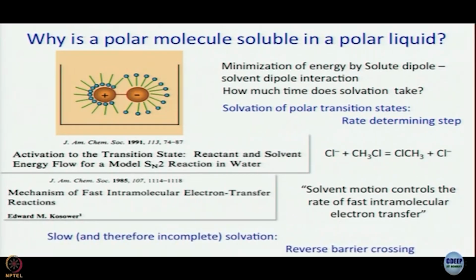And if the solvation is too slow, then it may not actually be complete before the reaction takes place. If that is the case, then you can have barrier crossing not only in the forward direction, but also in the backward direction. So, how fast solvation is often determines the dynamics of reactions involving polar intermediates and polar transition states.